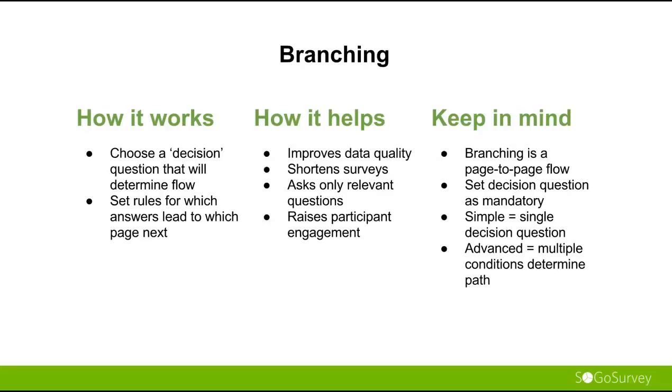So for example, you might have someone who is a manager at Apple Hill see one set of questions, and a manager at some other location will see a different set of questions. So advanced branching can be really useful if you're trying to target specific questions for a very specific group of people. Demographics are a really common reason to do this on the customer side of things. Certain demographic information, gender, income, education, all of those can be used as conditions that you're setting your advanced branching rules on.